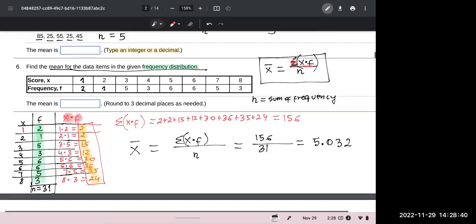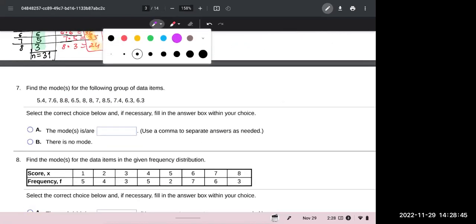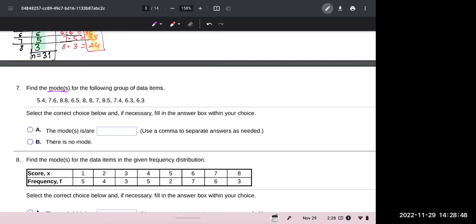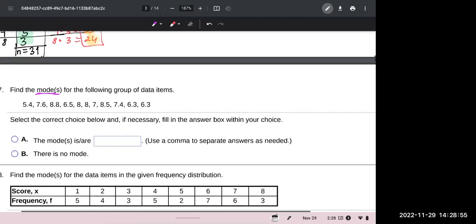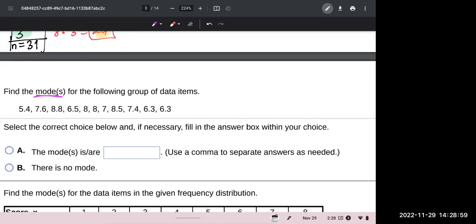Next one is question 7. You have to find the mode. Mode means the number or numbers which repeat the most often. Let's see which numbers repeat the most often. 5.4, 8.8, 6.5. I can see that I have two 8s and two 6.3s.